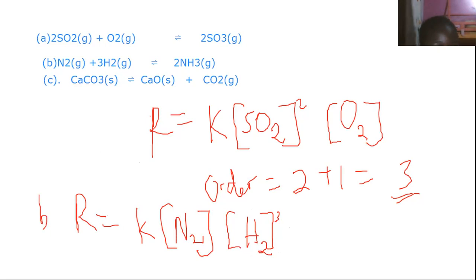So then the order. All right. Please just do number C here, on top there, and just annotate it. I would like to see that.